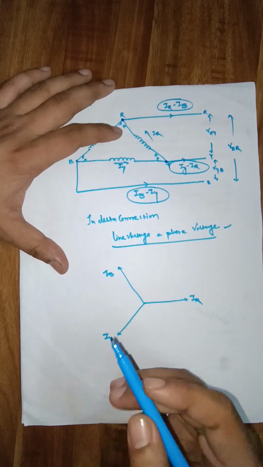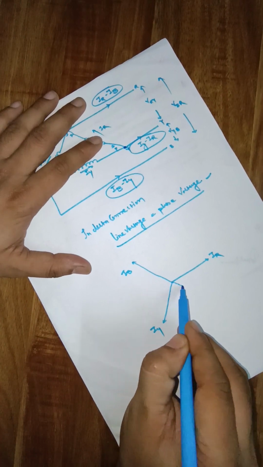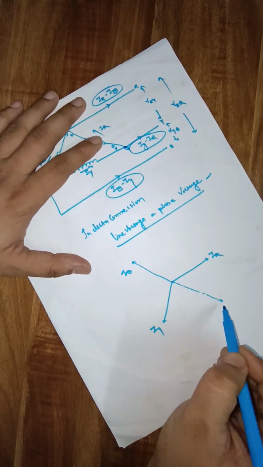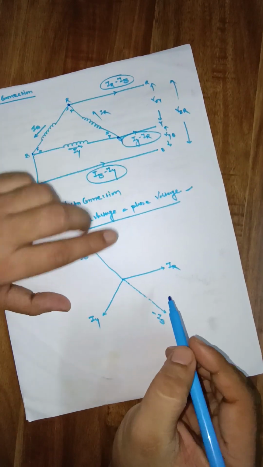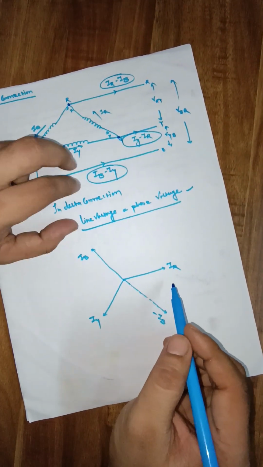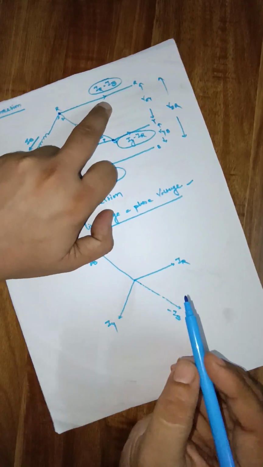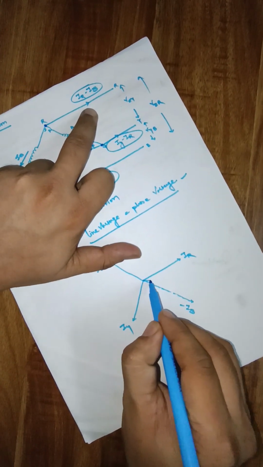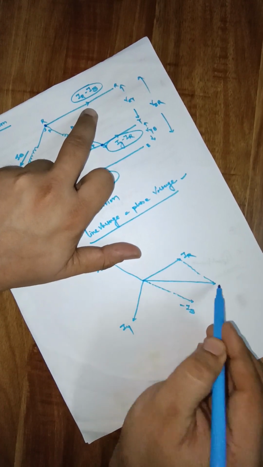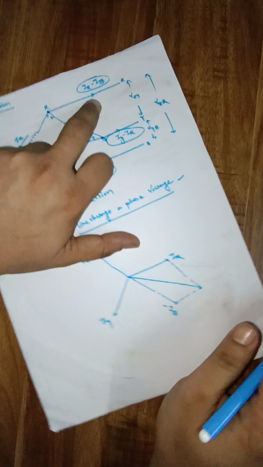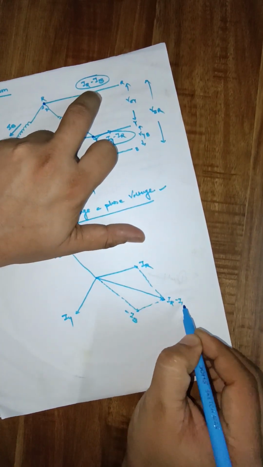So first of all, let me draw this IB in opposite direction. So it will become minus of IB. Clear? And what is the resultant current in line 1? IR minus IB. So we have to find the resultant of these two phasors. So this will be your resultant, and it will be equal to IR minus IB.